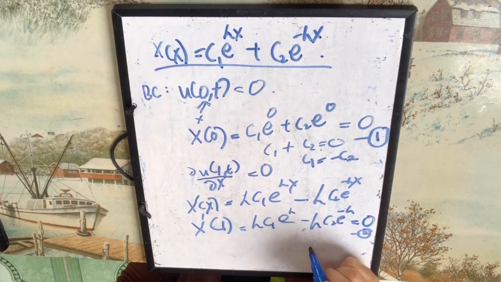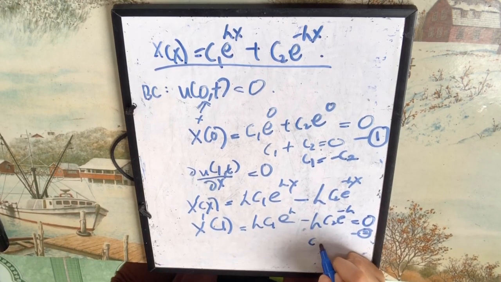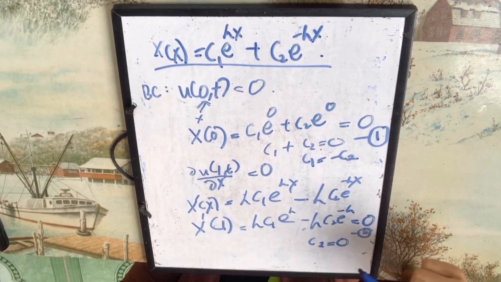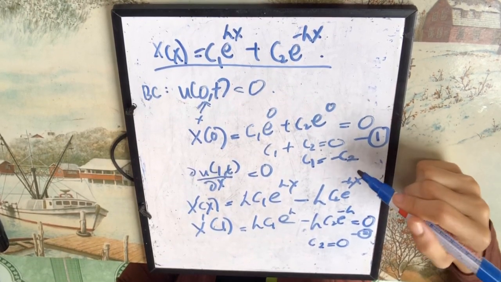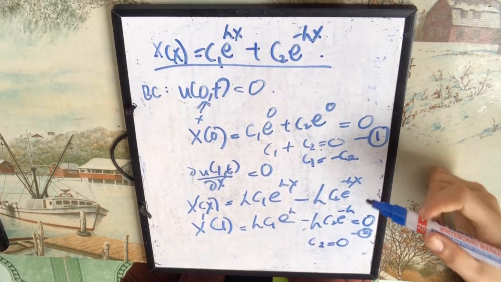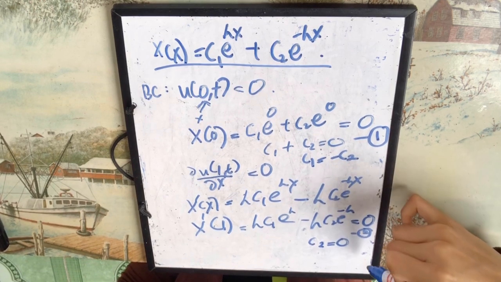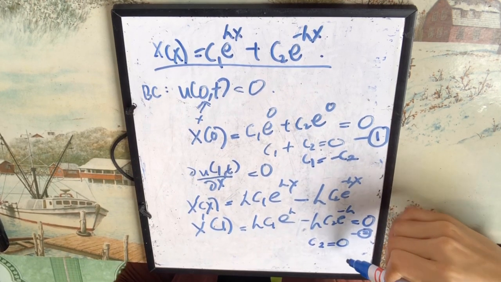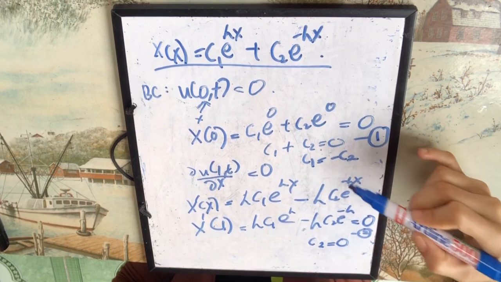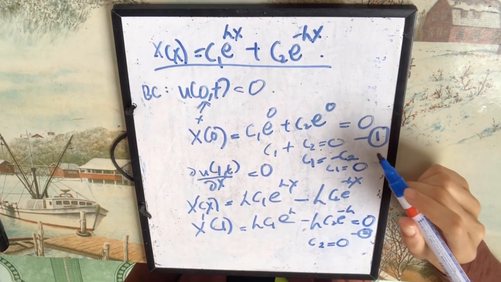You should get C2 equal to 0, or C1, depending on how you want to replace it. Then substitute this number back into the other equation, so you will get C1 also equal to 0.